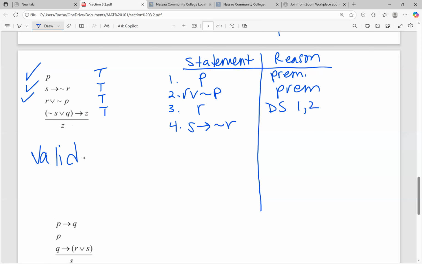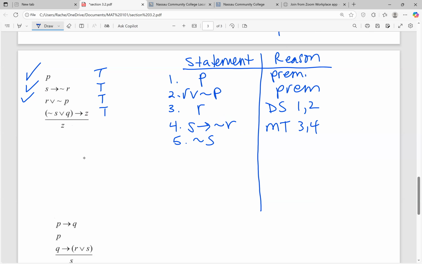Because the right-hand side of the conditional, when I join it with the other statement, that other statement is the negation of the right-hand side. So then that conclusion is going to be the negation of the left-hand side. So not S. So that was modus tollens for statements 3 and 4.